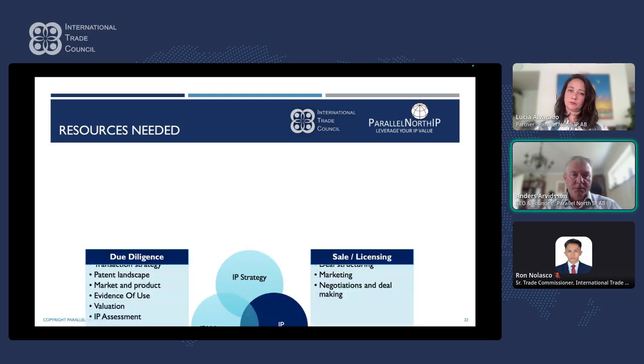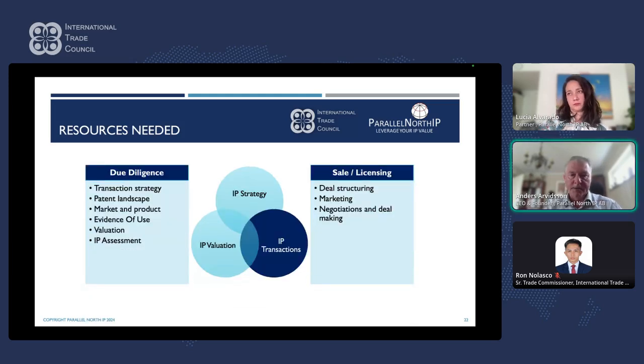So what you need in order to increase the likelihood of succeeding is to do your due diligence and your homework, as Lucia said before. You need to identify what kind of prospective buyers there would be, what would fit your comfort zone. How does the patent landscape look? Meaning that you can identify potential buyers aligning with the technology area or market that would be relevant for the patents that you are going to market.